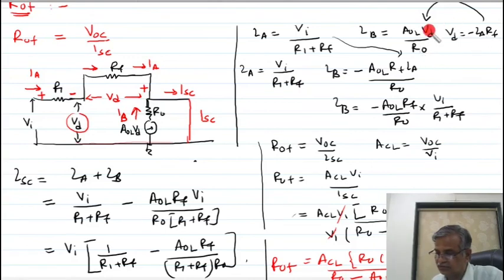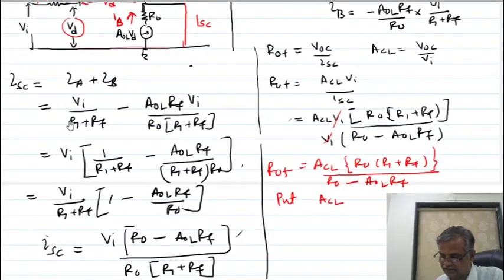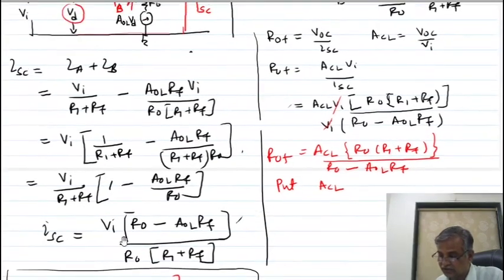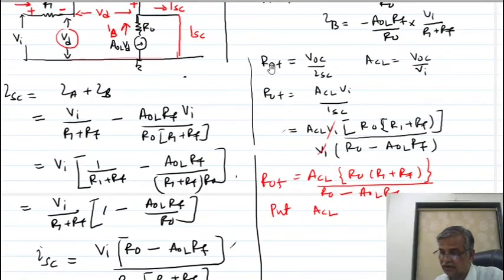Now I put this value here, so I will get the value of IA and IB in terms of VI. And then I will get the value of short circuit current. Now what is ROF? Voltage upon current. What is gain? Output voltage upon input voltage. I use this equation here. I put the value of ACL and ISC.